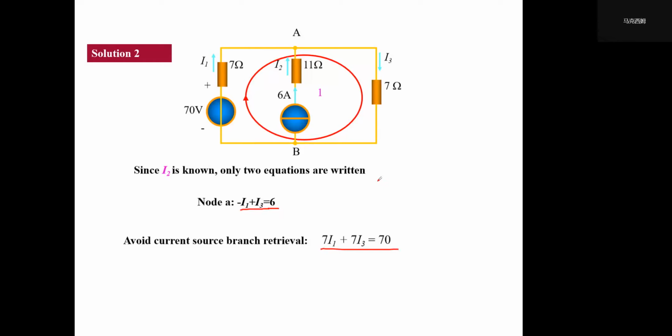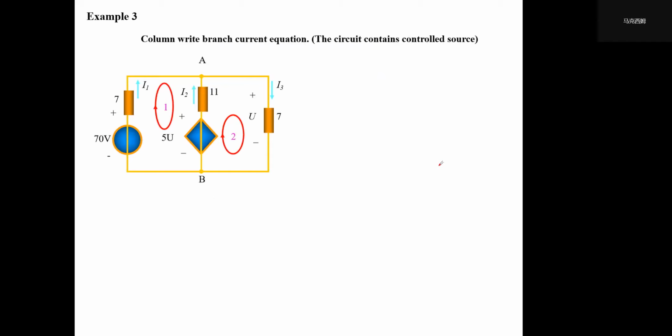So then we can have another example, example 3. It asks us to column the branch current equations. In this case, we have one controlled source here. This source is 5U. U is the voltage on the resistor 7, right?